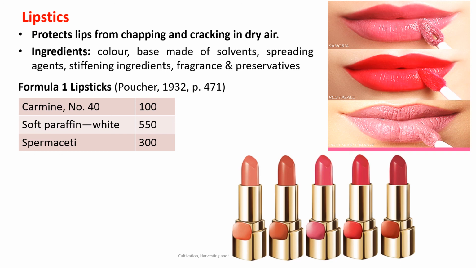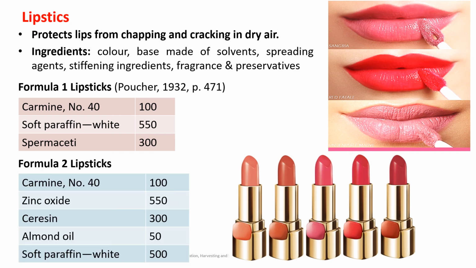These are mixed together and molten at a temperature of around 70 degrees Celsius, and such a mixture is poured into pre-cooled molds of lipsticks. Pre-cooling is essential in order to avoid void formation in the sticks.